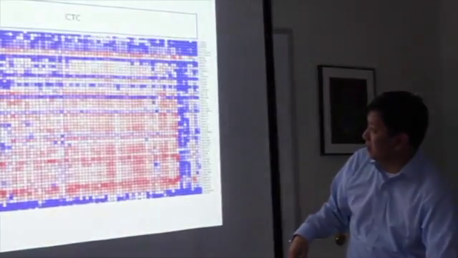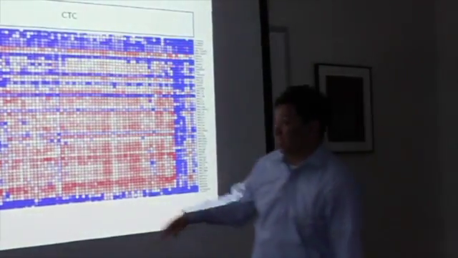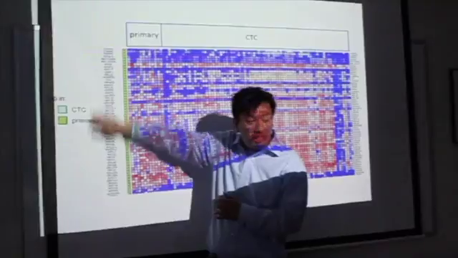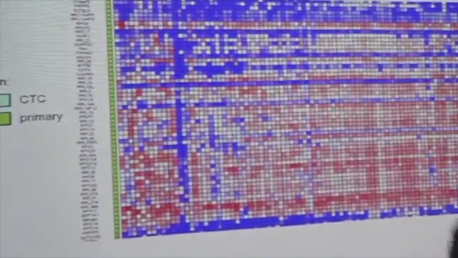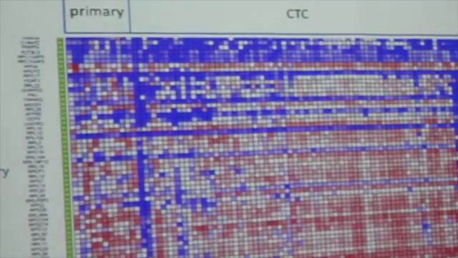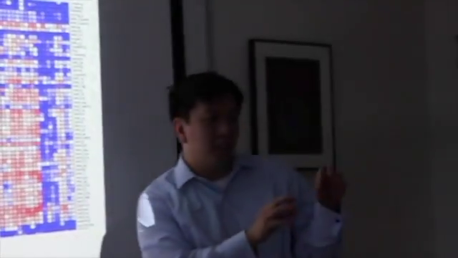So even though DESeq was saying these are significantly different between CTCs and primaries, I don't see any difference. But this program said there was. So these are the limitations of computers and not your eyeballs to see differences.